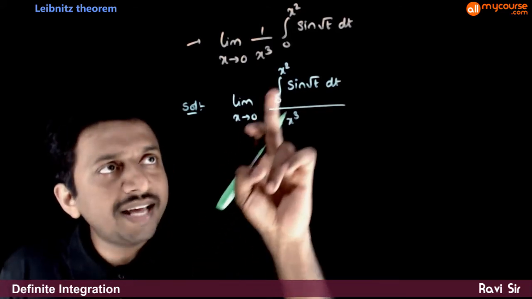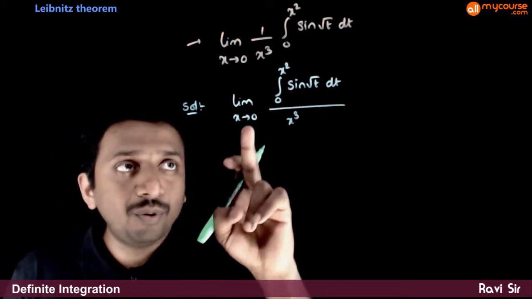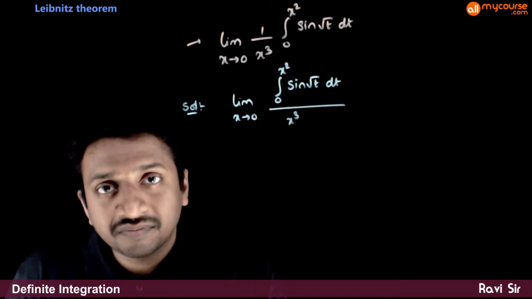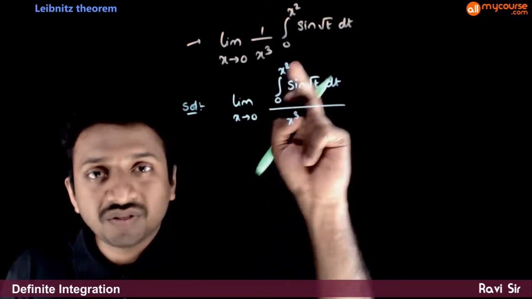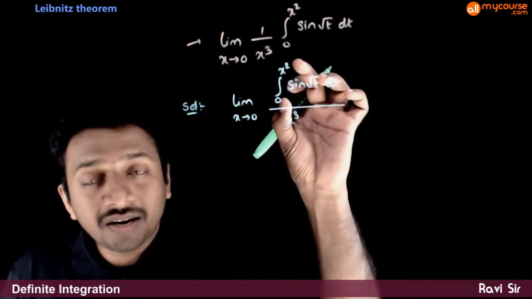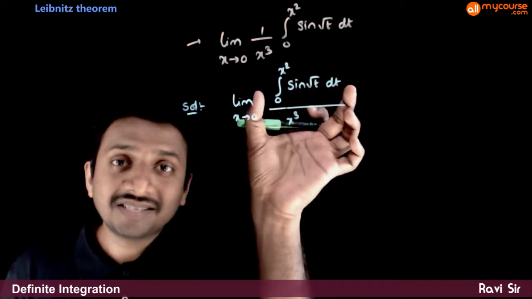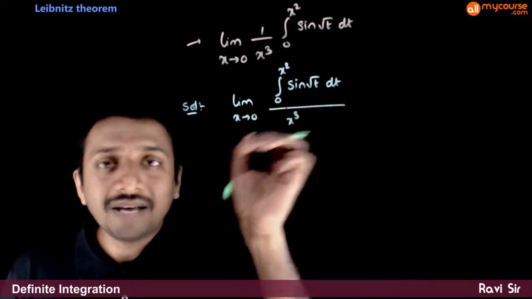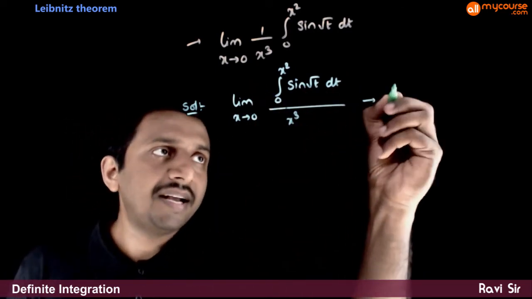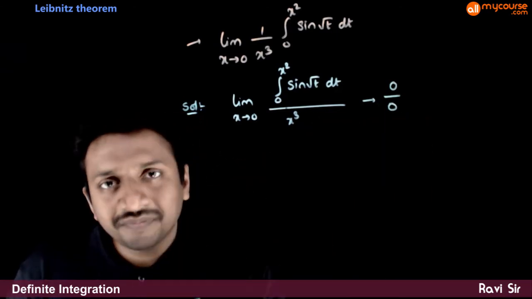Now if you do the direct substitution, if you put x equal to 0, integration 0 to 0, both the upper limit and lower limit are same, hence this integral is going to 0. So you get a 0 by 0 form.